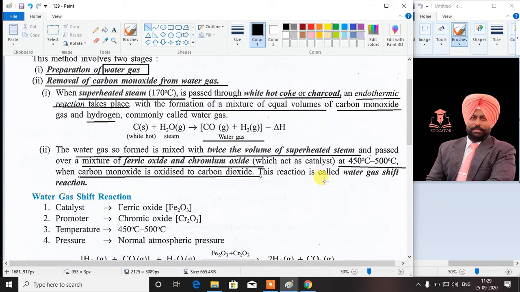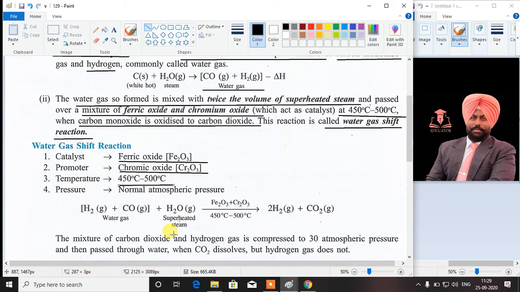This full reaction is called the water gas shift reaction. Revising the reaction, when water gas is mixed with twice the volume of superheated steam, where the catalyst used is ferric oxide and chromium oxide and the temperature is 450 degrees Celsius to 500 degrees Celsius, the reaction takes place, and the carbon monoxide gas gets converted, or oxidized, into carbon dioxide gas.